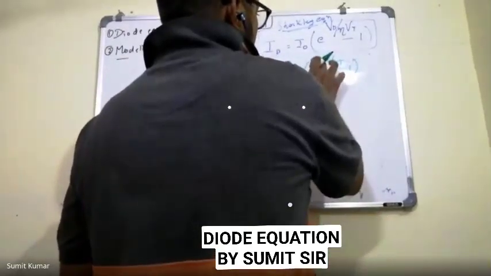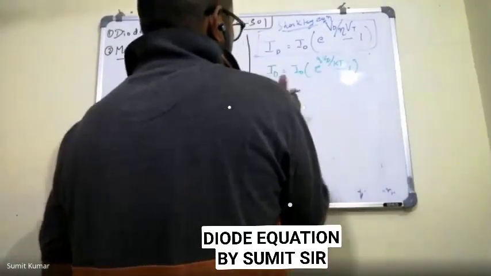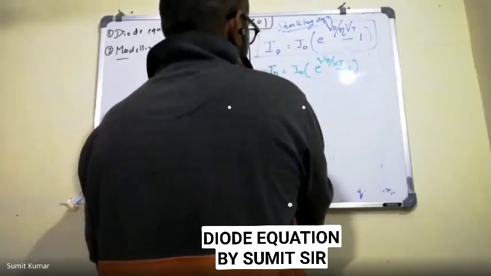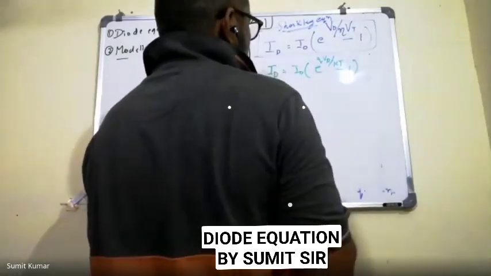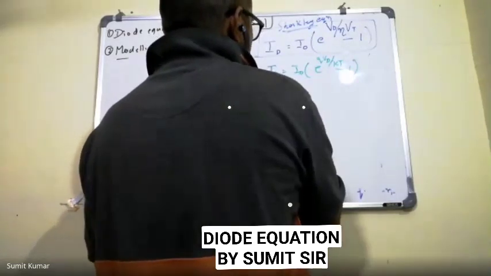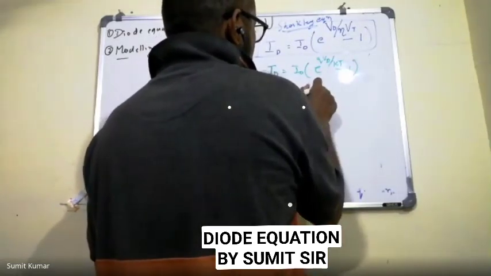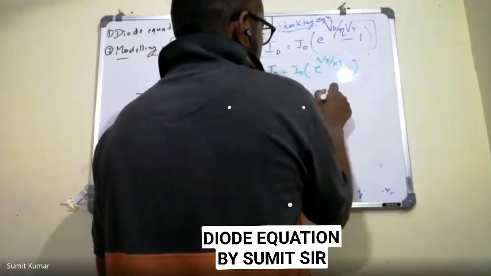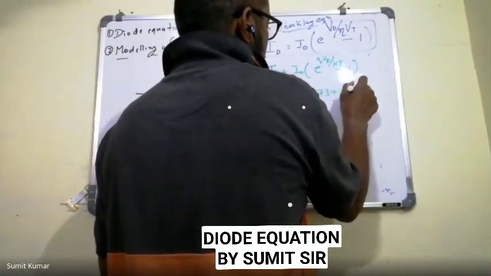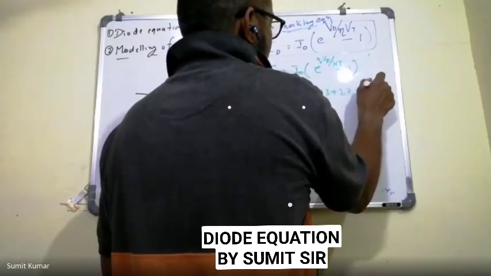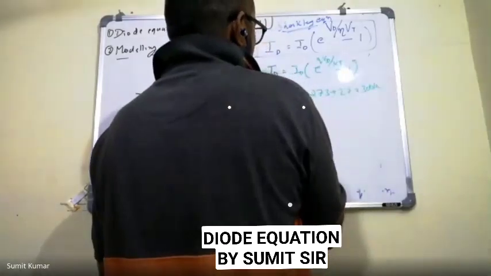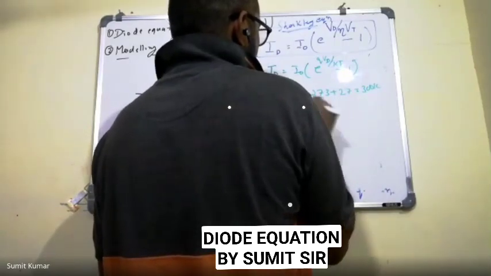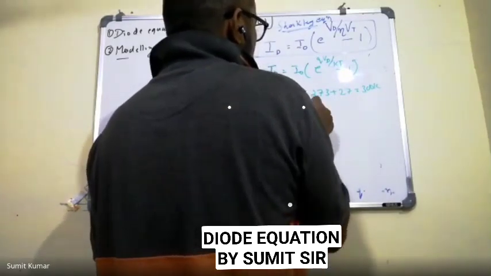If we try to calculate this term Q over Kt at a temperature of 27 degrees Celsius, then this will become 300 Kelvin. At 300 Kelvin, this Q by Kt is approximately equal to 40.